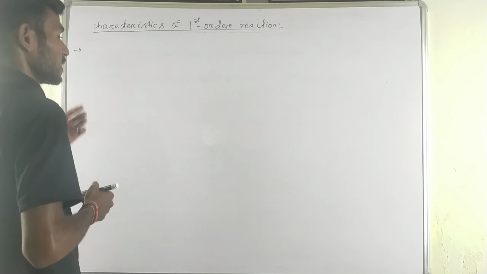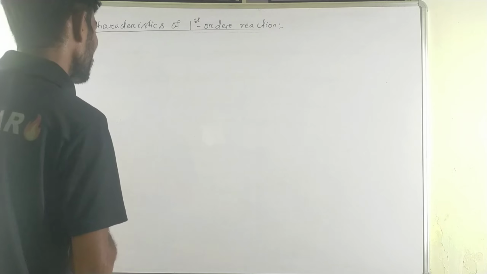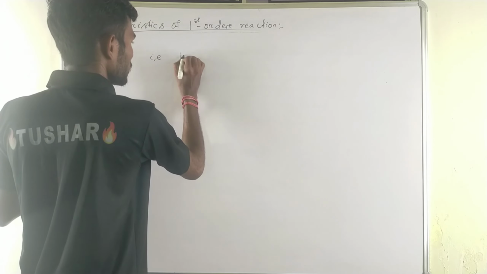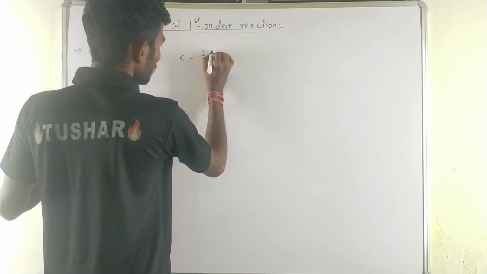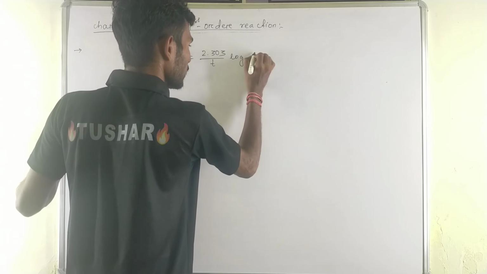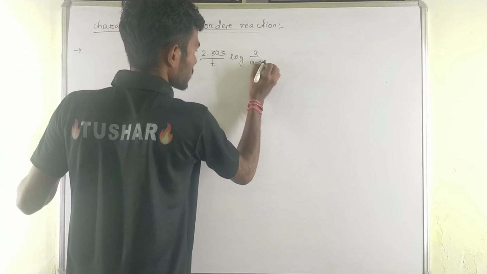That is, it must obey the equation k equal to 2.303 by t log a by a minus x.